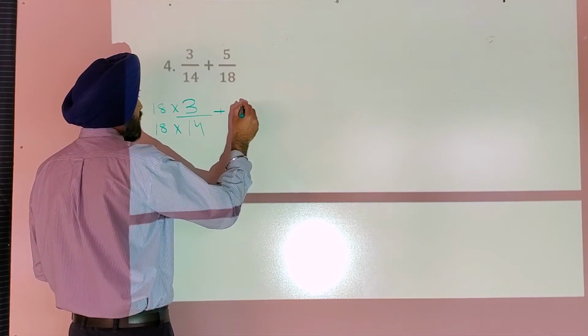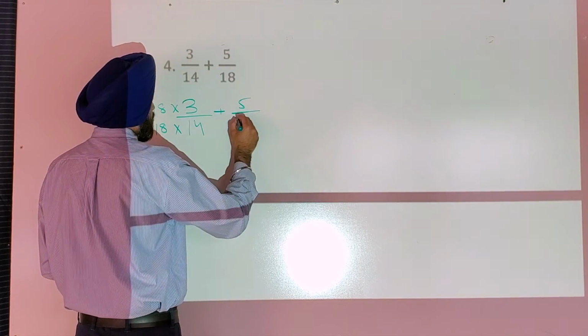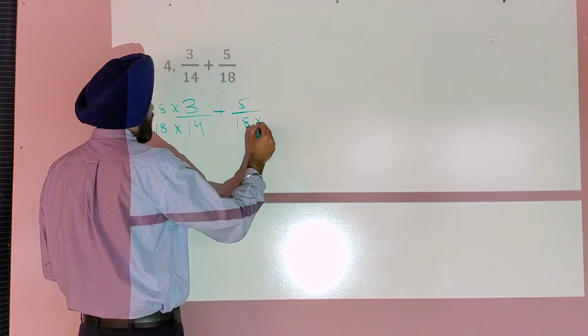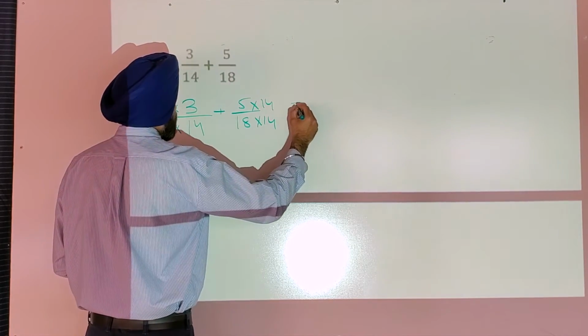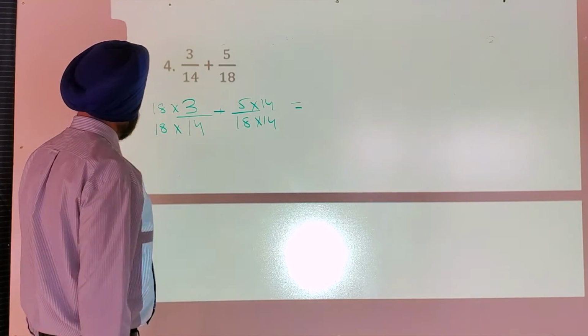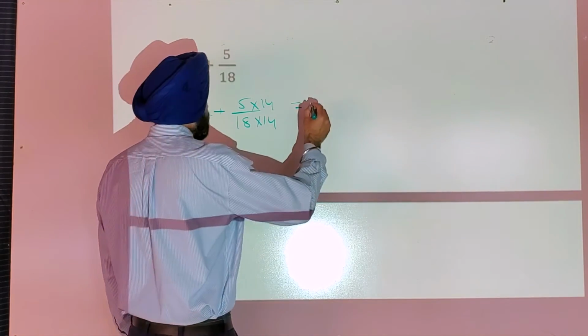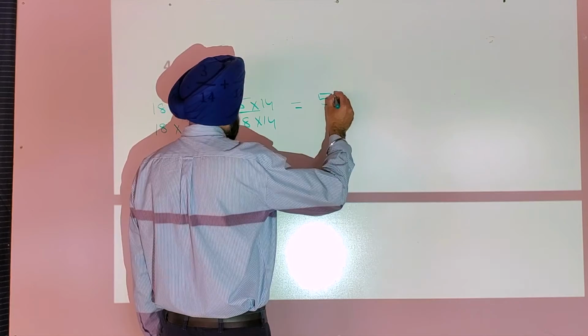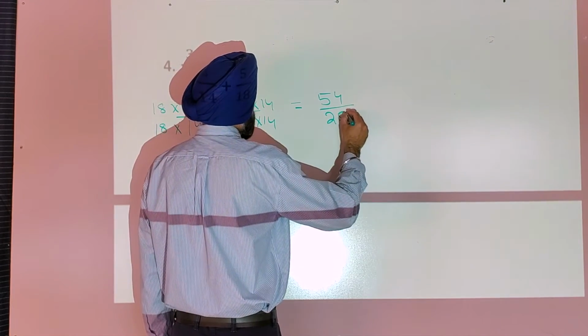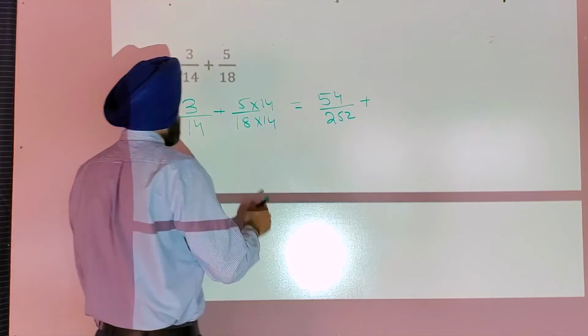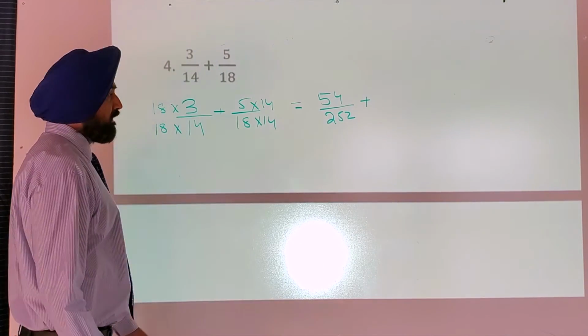And 5 over 18 multiplied by 14. 18 times 3 is 54. 18 times 14 is 252. Plus 5 times 14 is 70 over 252.